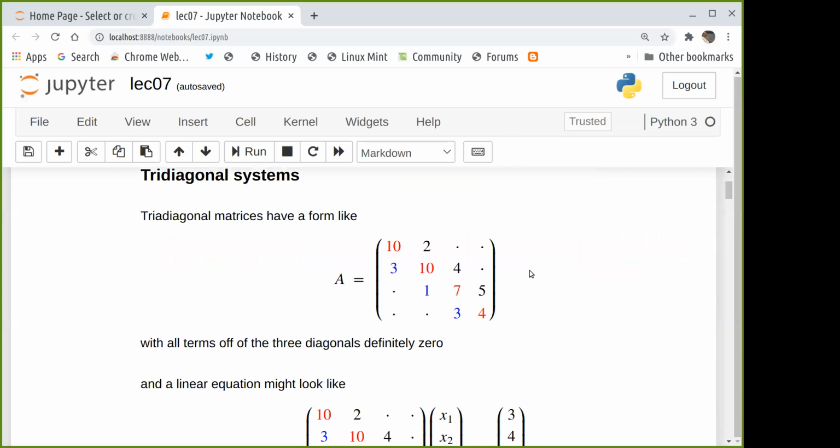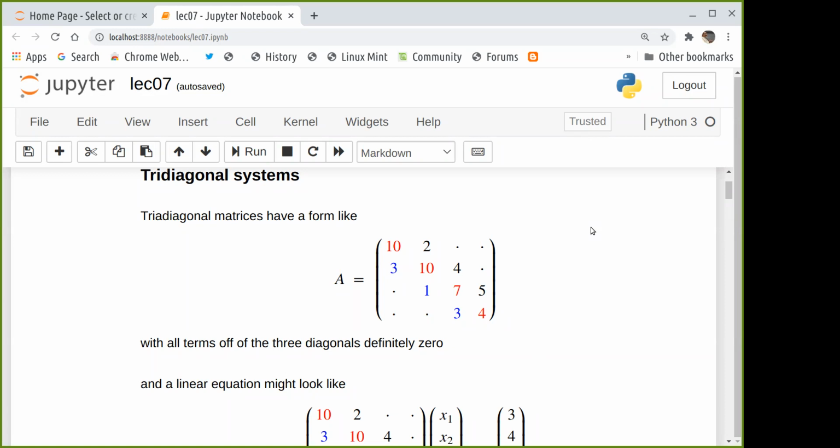Okay, so tridiagonal systems have matrices like this. You're trying to solve Ax = b. And A has a lower diagonal, in this case 3, 1, 3, which might have non-zero entries. It has a main diagonal, in this case 10, 10, 7, 4, and it has an upper diagonal 2, 4, 5.